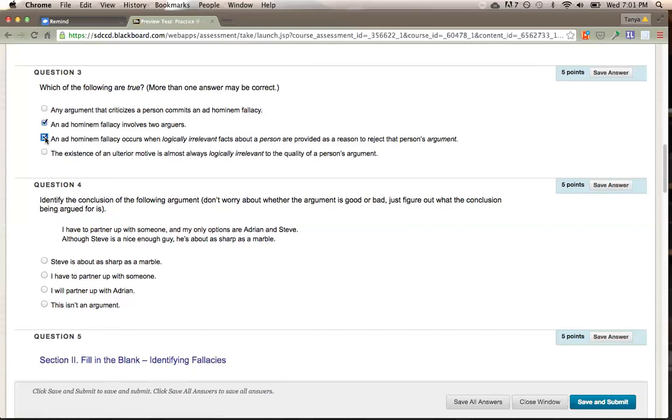That's a beautiful definition. The existence of an ulterior motive, so that's the kind of thing that isn't necessarily criticizing, could just be a fact. The existence of an ulterior motive is almost always logically irrelevant to the quality of a person's argument.